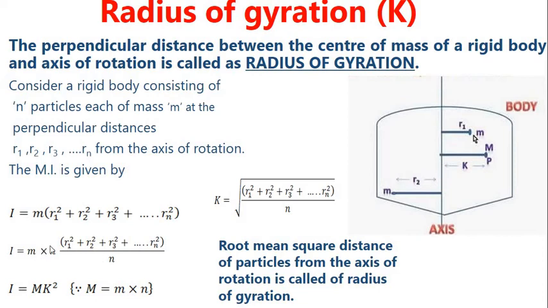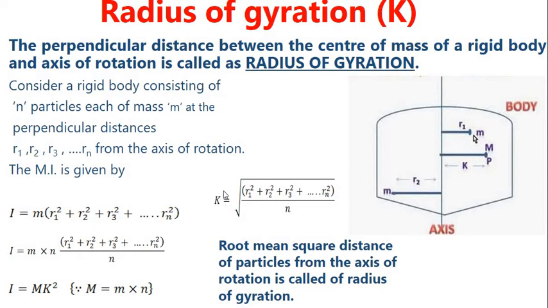Here m into n, where m is the mass of each particle and n is the number of particles, gives the total mass of the body, capital M. The remaining part is r1 square plus r2 square, so on to rn square, divided by n. We take the root of that, which gives k, the radius of gyration. So I is equal to M k square.